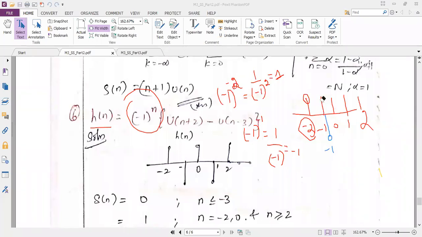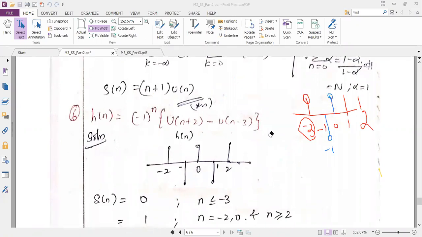Similarly, can you people tell me the remaining samples, how the amplitudes are changed? At 0, will it remain same? Yes, ma'am. And what about plus 1?